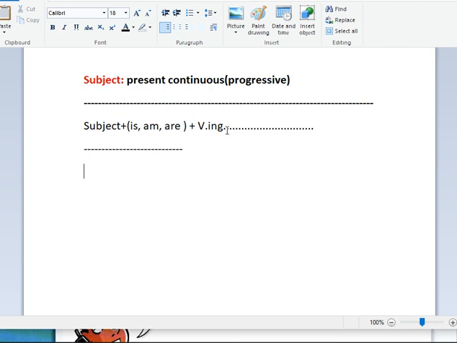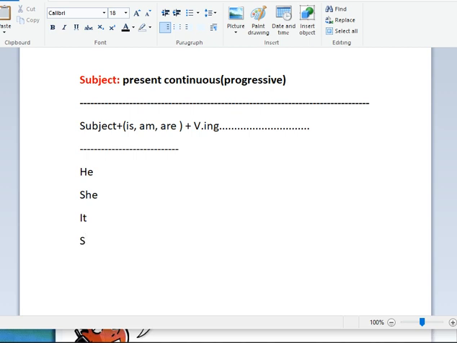For example, we have some subjects which are used with is. These subjects are he, she, it, and a singular noun, whether human or not human. The main important thing is that there is no more than one.